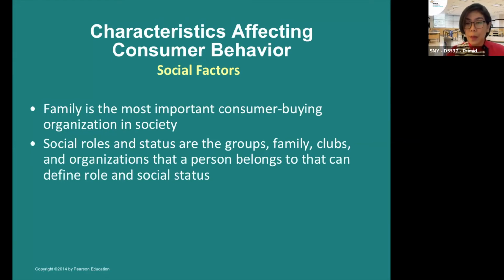Now there are many investment funds, cryptocurrency trading and stuff. So in a joint decision making, these companies would like to know who actually makes the decision for investment. Is it the husband or is it the wife?